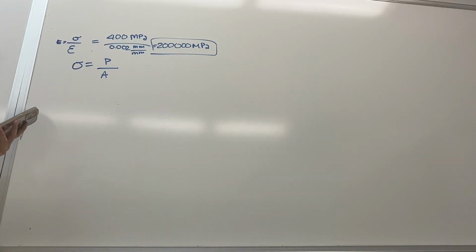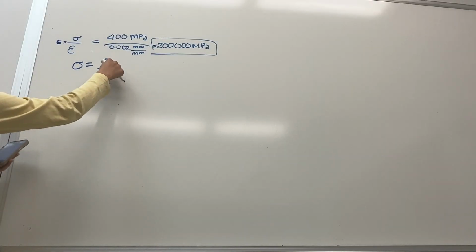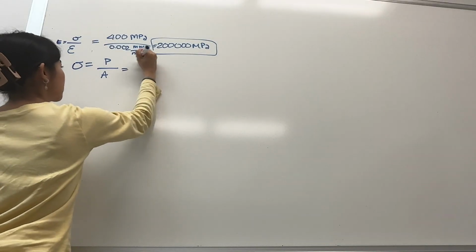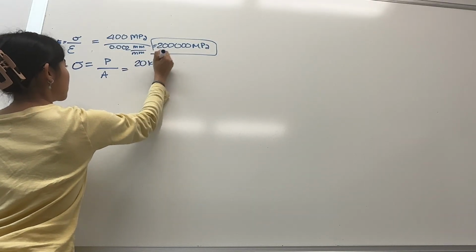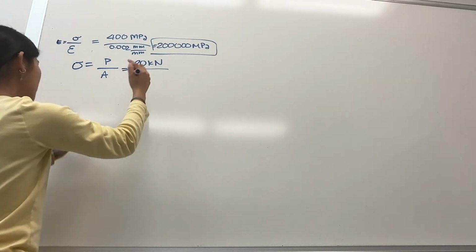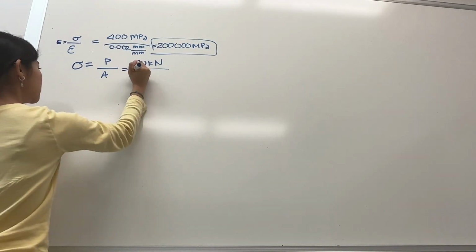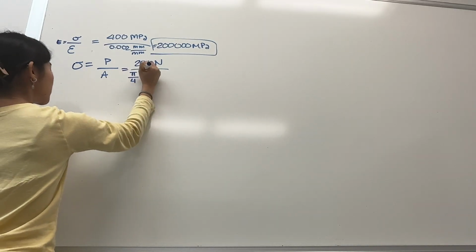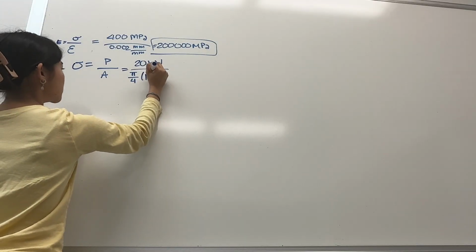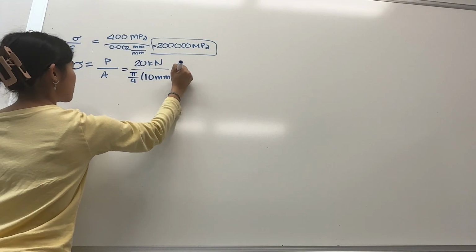So 20 kilonewtons would go here, and then the area, which is pi over 4 times the diameter, 10 millimeters squared.